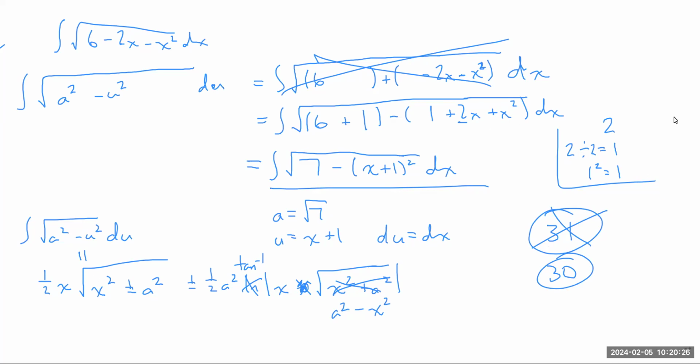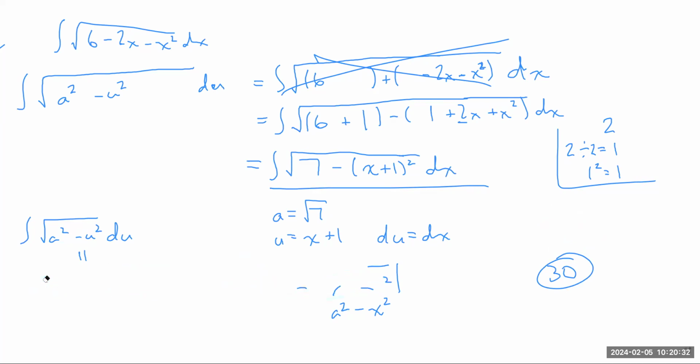You know what, let's try to declutter some of this stuff. I've redacted so much stuff. So it's u over 2 times the square root of a squared minus u squared, plus a squared over 2 times arc sine of u over a, plus c.